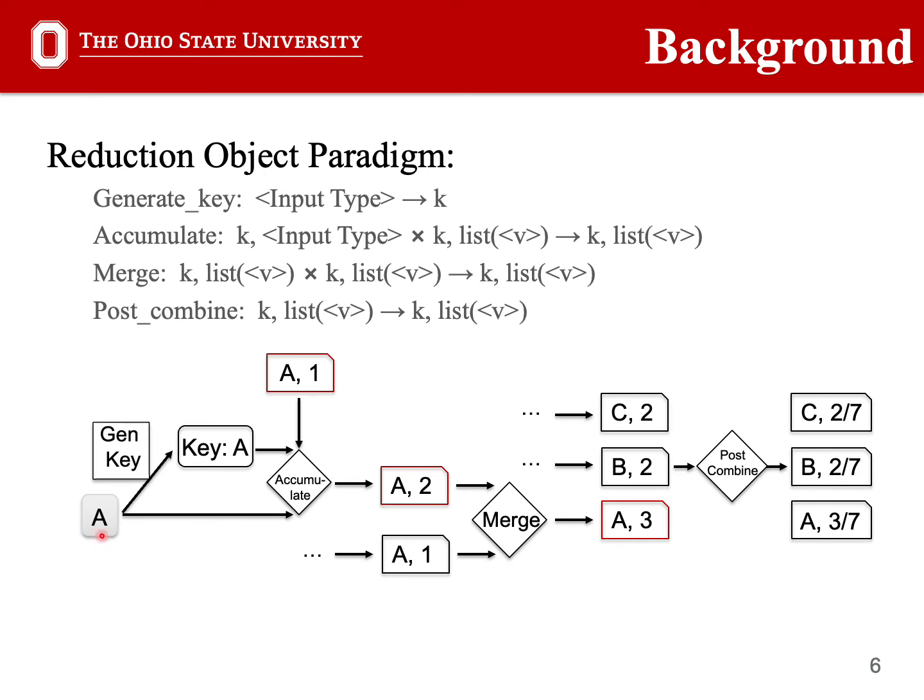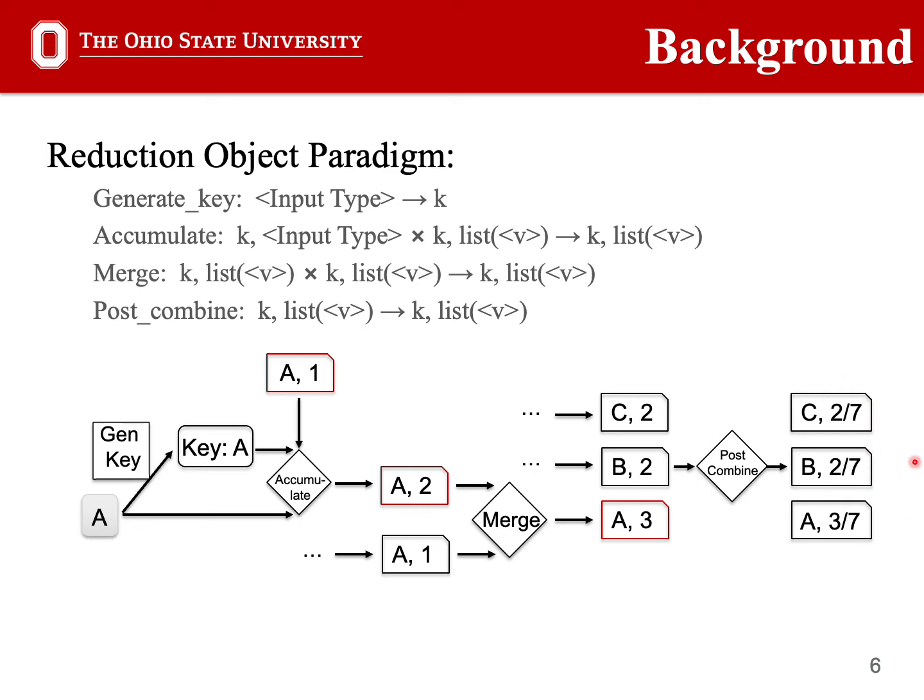As shown in this figure, for a given input element, a key is generated, pointing to a specific reduction object. Immediately, the input element is accumulated to this reduction object. Once all the inputs are processed, accumulators from different threads will be merged and processed, yielding the final result.